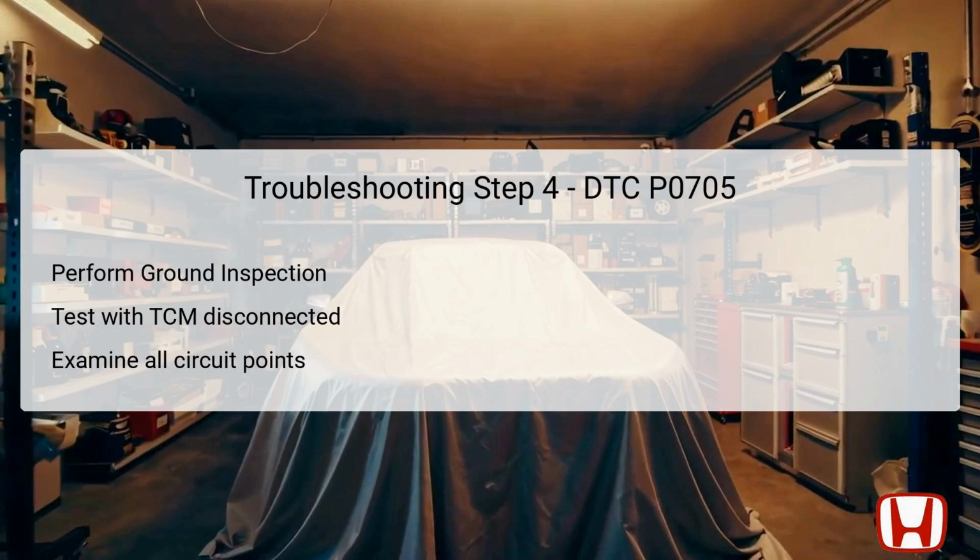In the fourth step, focus on ground inspections for potential faults. Begin by ensuring that the TCM and transmission range switch connectors are disconnected. Like the previous step, utilize your multimeter to check for shorts to ground across each signal circuit. Each circuit must show values exceeding 1 megaohm.